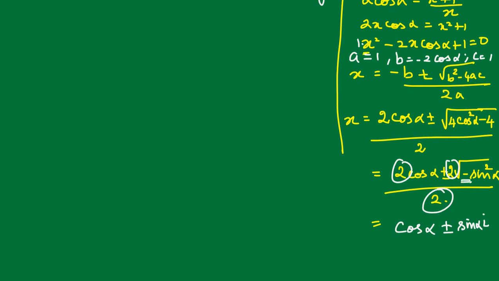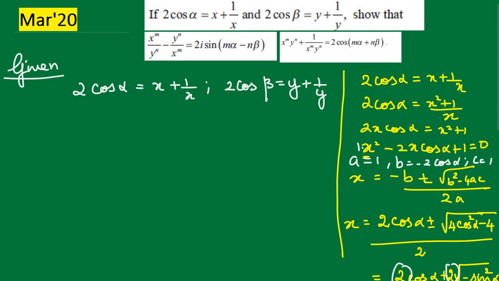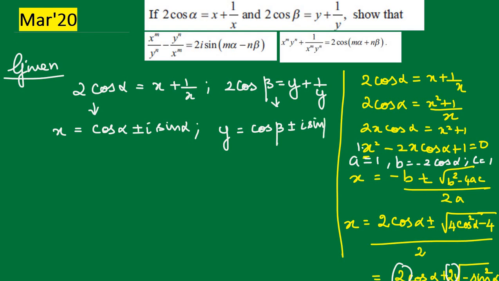So the given equation can be simplified, which gives us x is equal to cos alpha plus or minus i sin alpha. Similarly, from the other equation, solving with the same procedure, we get y is equal to cos beta plus or minus i sin beta.